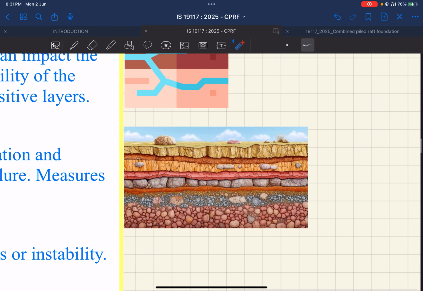For example, take this image, which is generated by using AI. This is our earth data, and assume it is a clay, sensitive clay. And somewhere here is my water table.